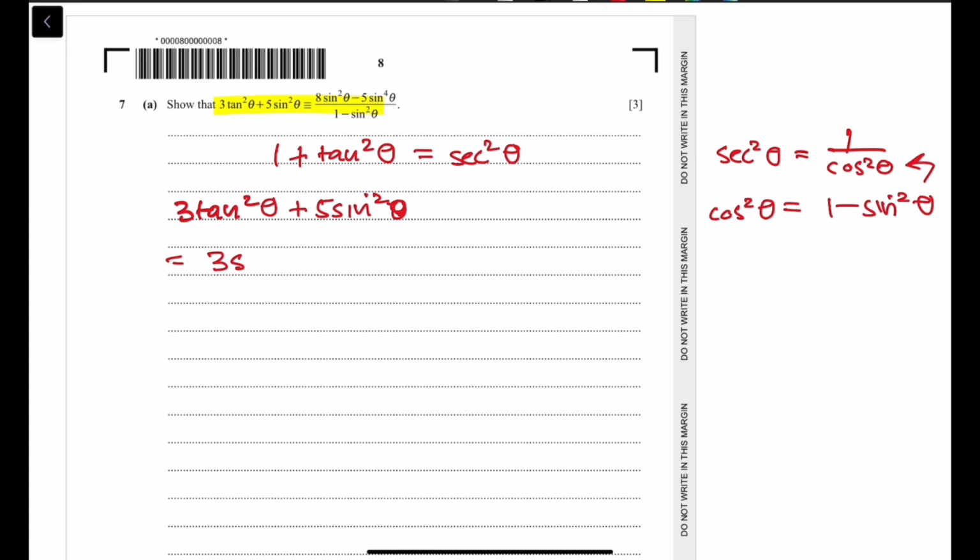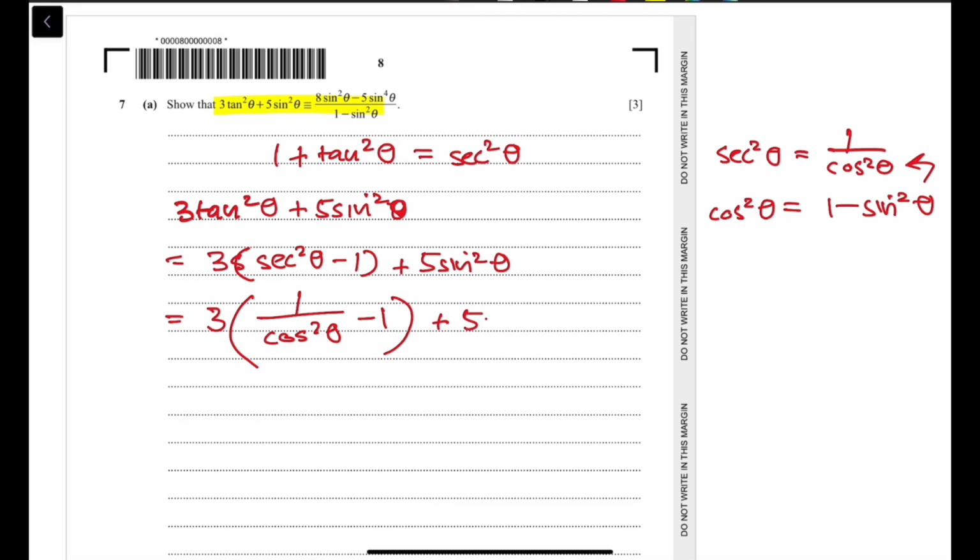So 3 tan squared theta plus 5 sine squared theta equals 3 times (sec squared theta minus 1) plus 5 sine squared theta, which equals 3 times (1 over cosine squared theta minus 1) plus 5 sine squared theta, which equals 3 times (1 over 1 minus sine squared theta minus 1) plus 5 sine squared theta.